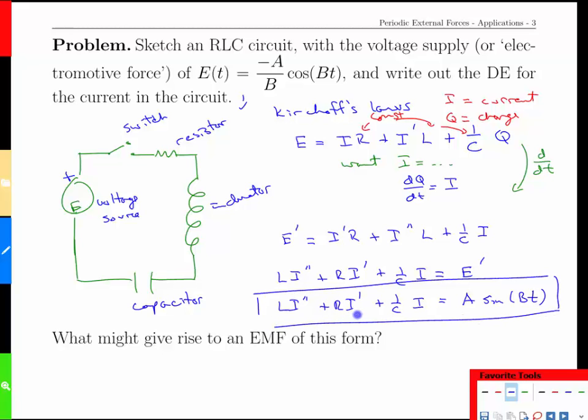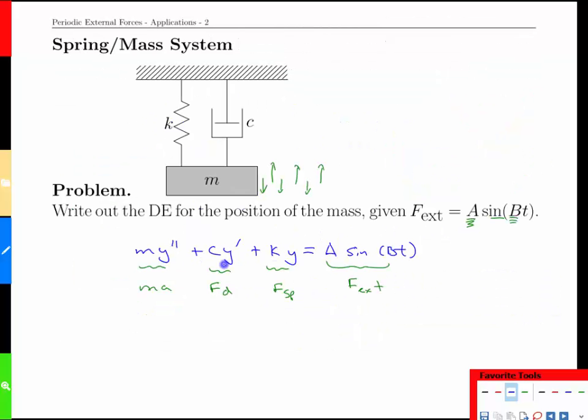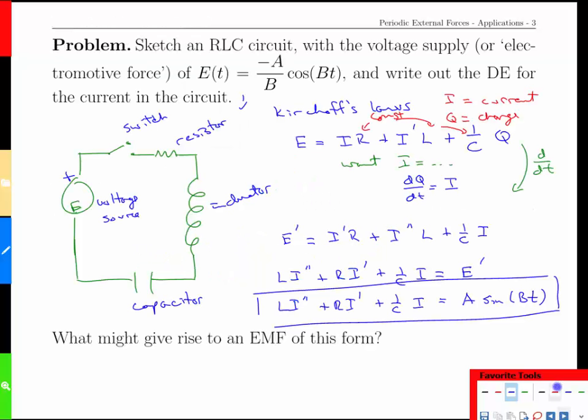Now again, you don't need to be an expert in electronics or know how to derive this. Just be able to look at this and go, okay, when we look at circuits, this is the math that comes out, and that math is identical to the differential equation you get when you look at a spring system. What's the translation? Well, we have mass, damping, and spring.